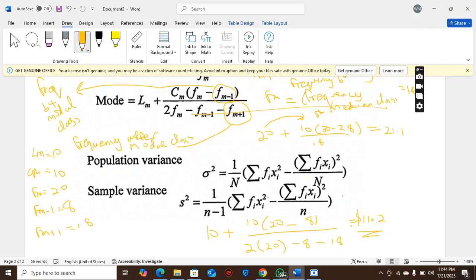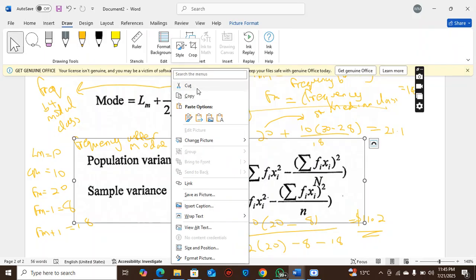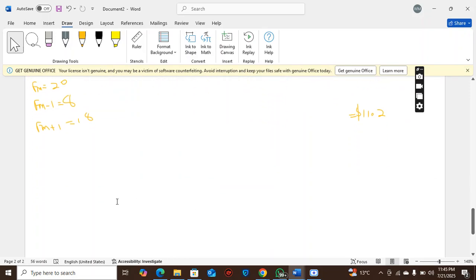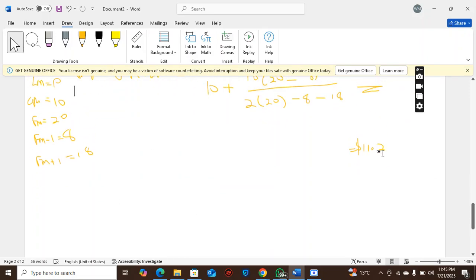Any questions on the mod? FM is the frequency of the model class.